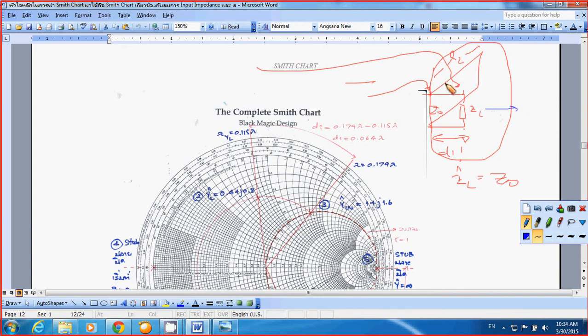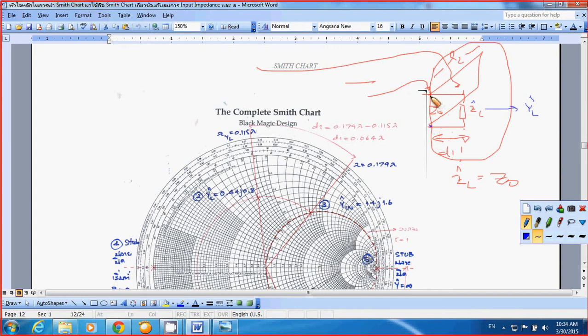Since the system is in parallel, it's better to convert the system to an admittance system. From ZL normalized, you know how to find YL normalized. Then you need to find the position that you will bring the new stub to connect to the transmission line. I put the position from the load to the left to be D1. This is the position here.